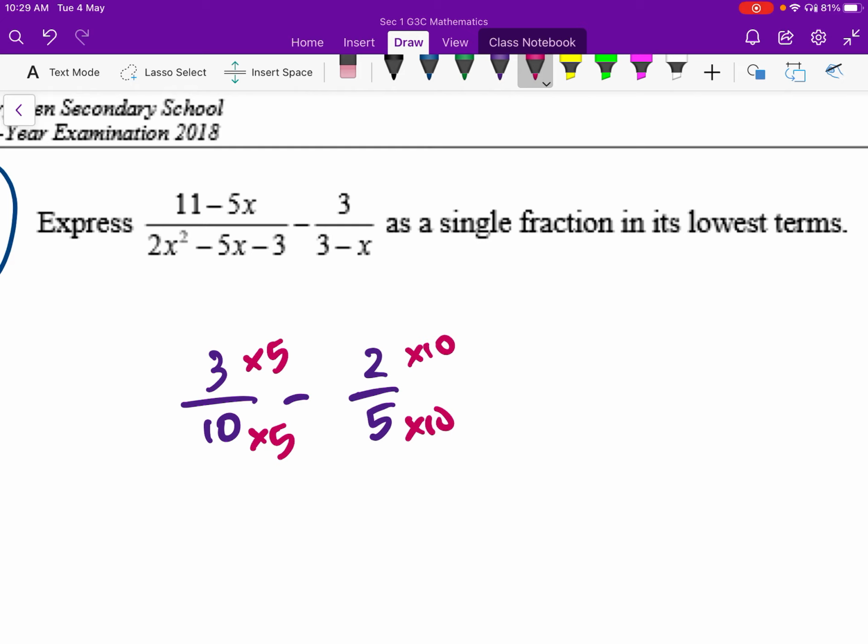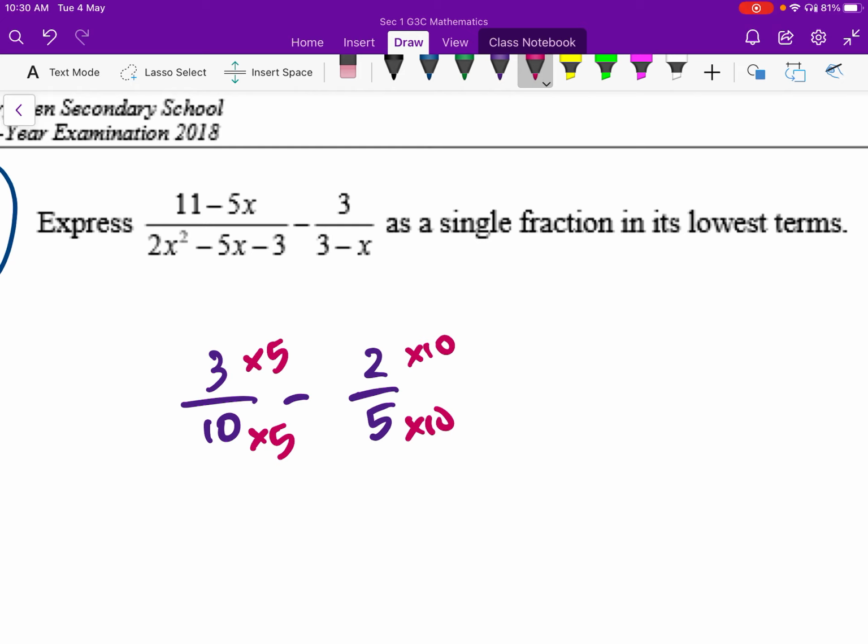Okay, is this a good idea? Not a good idea. Because the denominator then becomes very big, right?